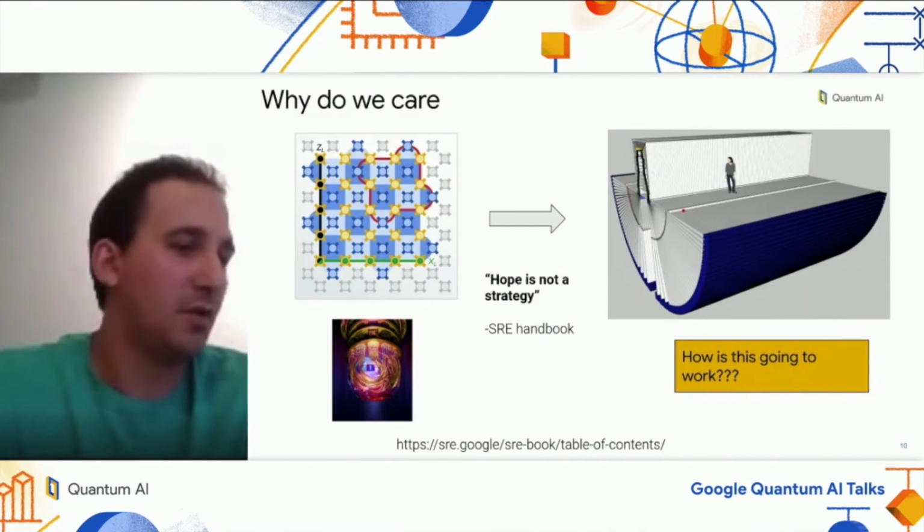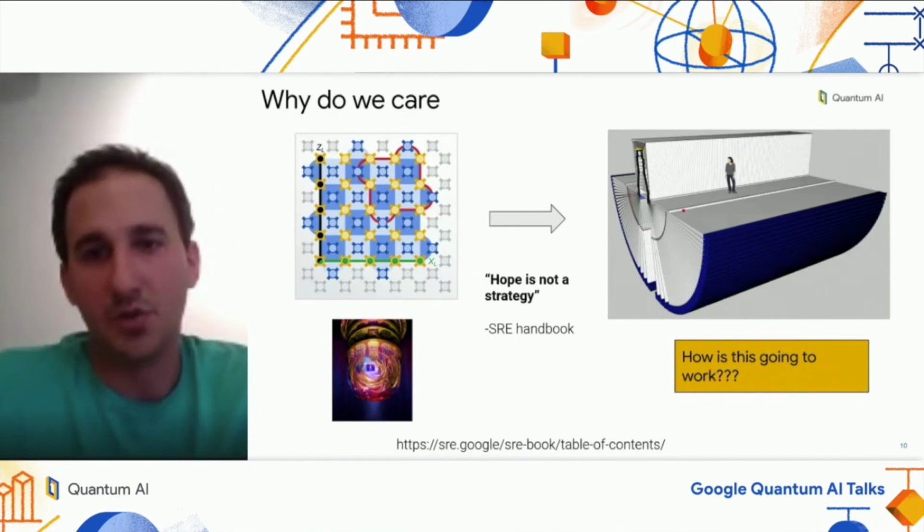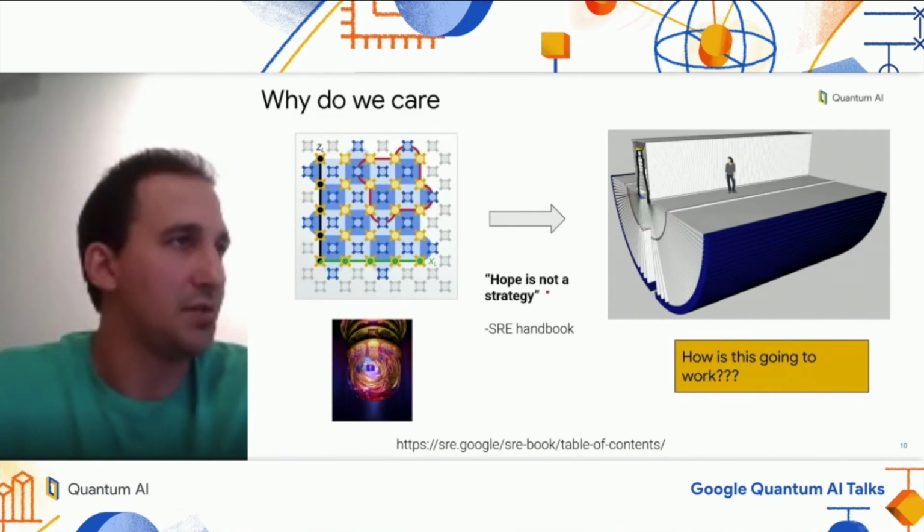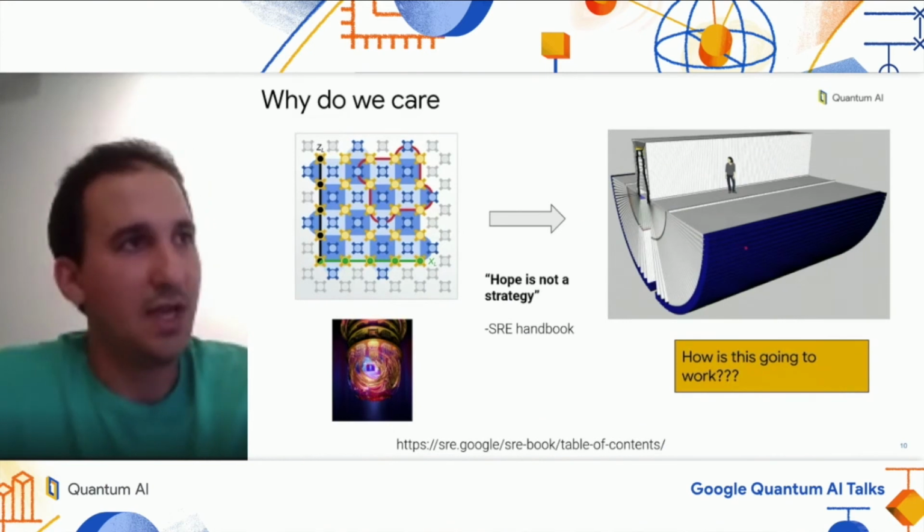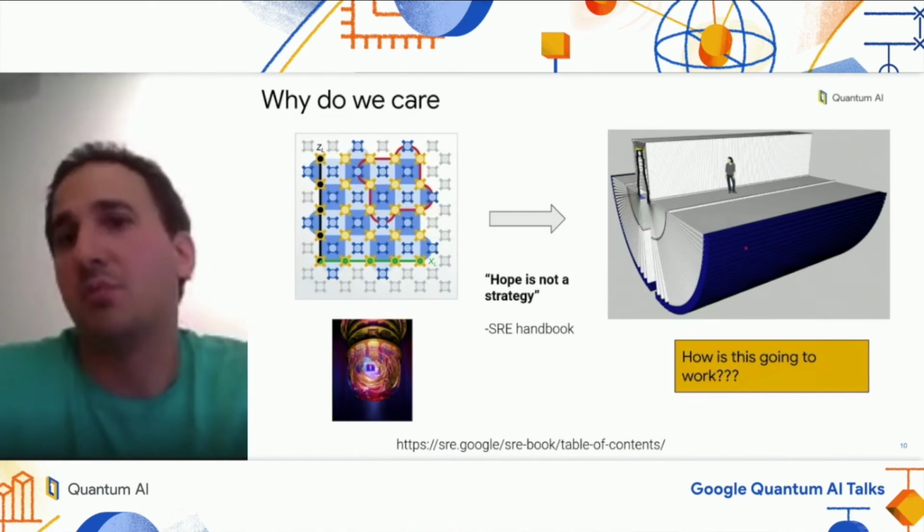I'm reminded of a quote from Google's Site Reliability Engineering Handbook, which is that hope is not a strategy. We can't just hope that this will work. We really have to predict that it should work before we try to build it.